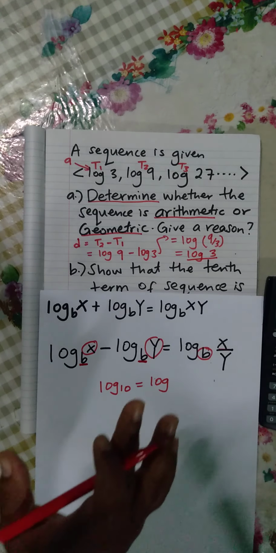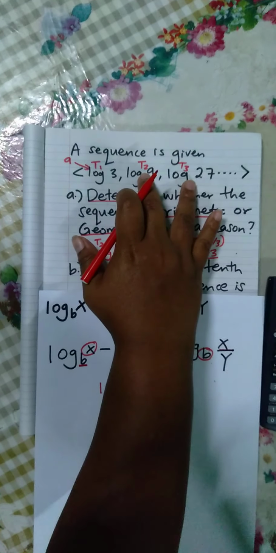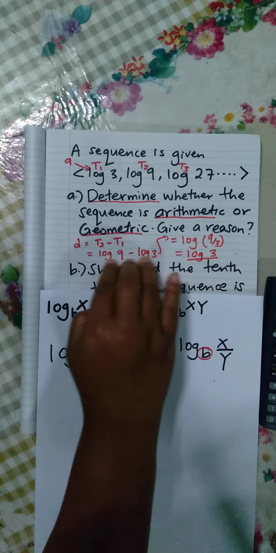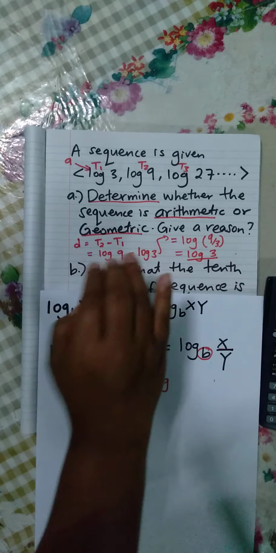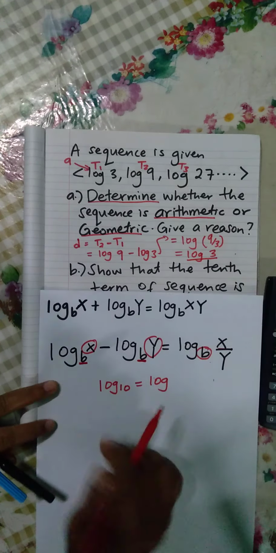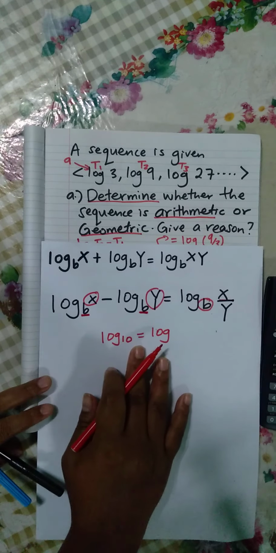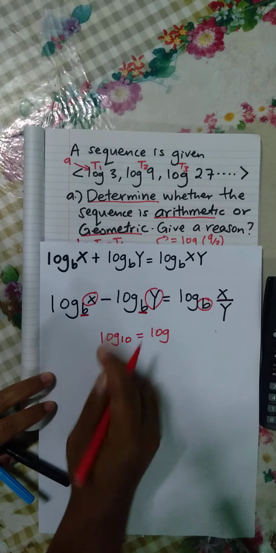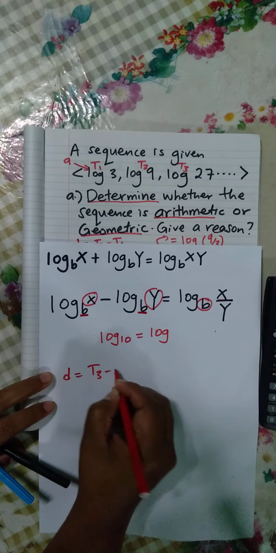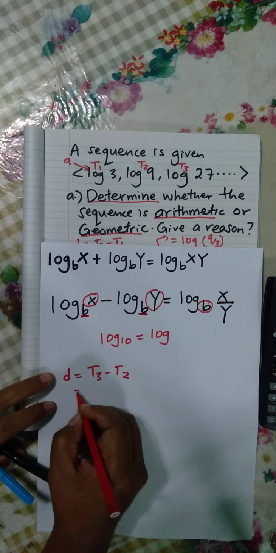Just to be sure, if you want to check the other two consecutive terms, the answer should also be log 3. Following this formula, it will be just one log. I will do the working here because there's no space there. For these two, T3 minus T2, the answer should also be log 3.